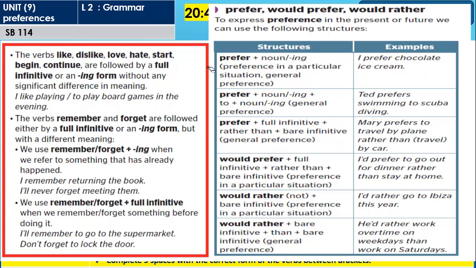Now let's learn about prefer, would prefer, and would rather. These are used to express preferences in the present or future. Let's start with the verb prefer. Prefer can be followed by an ing form, either to express preference in a particular situation.